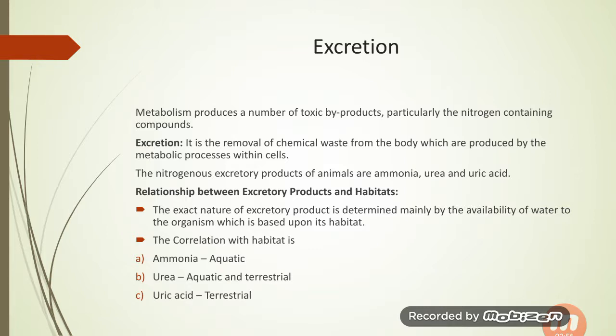So you can see ammonia is produced by the organisms which are aquatic, means which are found in the water bodies. Urea is produced both in aquatic and terrestrial environment, whereas uric acid is merely produced by the organisms of the terrestrial environment.